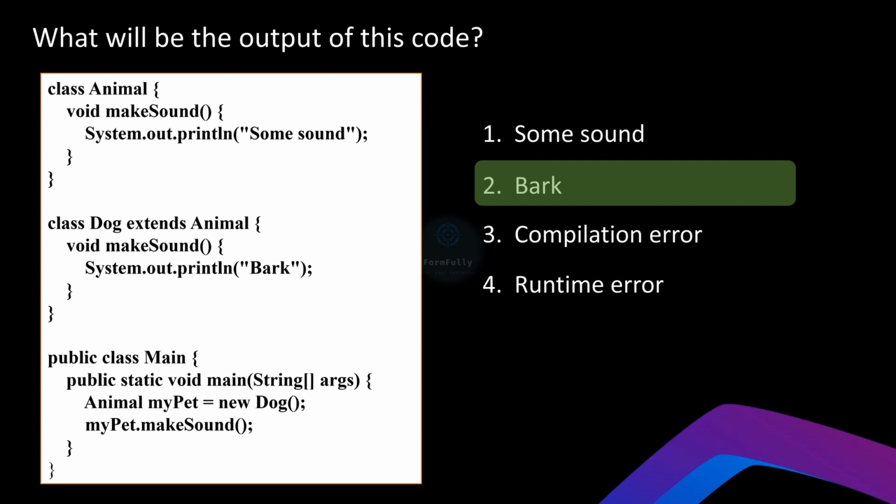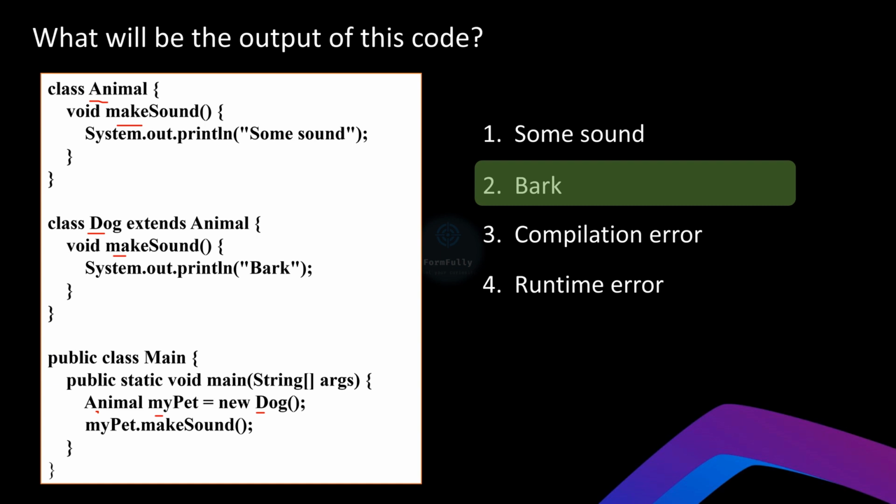Because in this code, you have a class hierarchy with superclass Animal and subclass Dog. Both classes have a method makeSound, right? And the Dog class overrides this method. In the main method, you create an object, myPet, of type Animal, but initialize it with a Dog object.